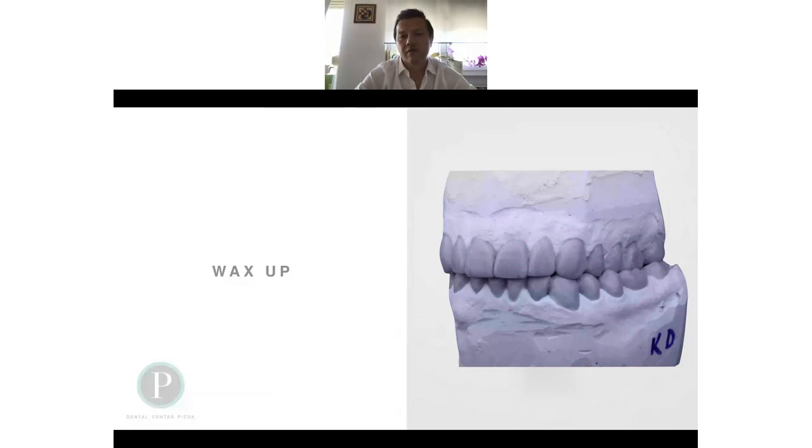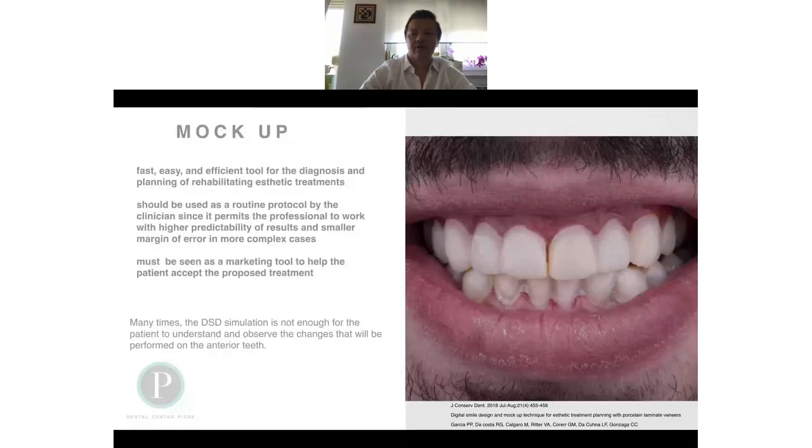And for example, it's very important when you are increasing the length of the tooth. After that, the next phase is the mock-up. The mock-up is for me the most important phase at the beginning of the therapy, because after the mock-up you can have feedback from the patient.